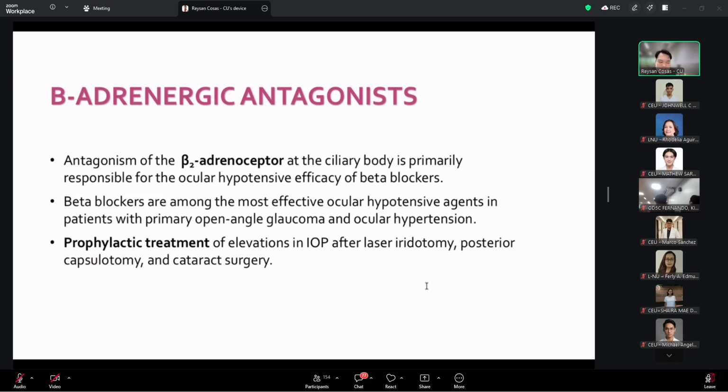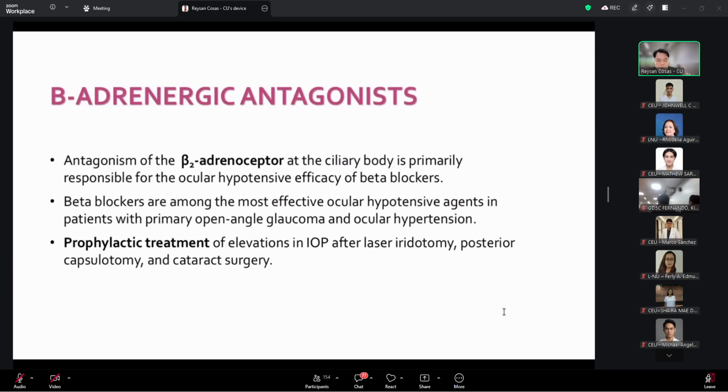But their advantage is, similar with the prostaglandin analogs, they also lack untoward ocular side effects. So they also have a good safety profile.